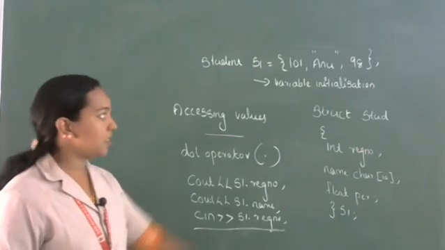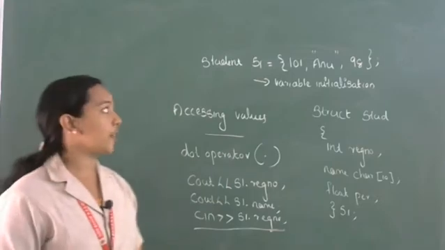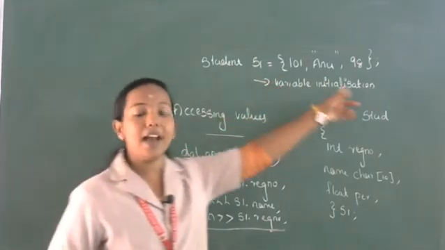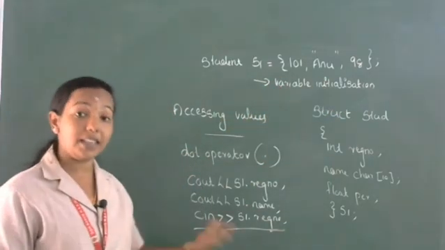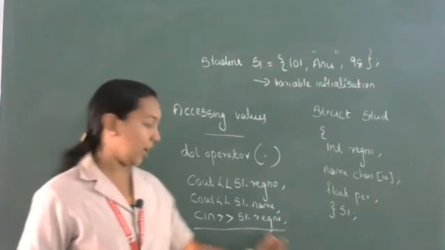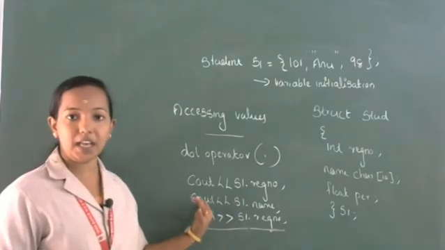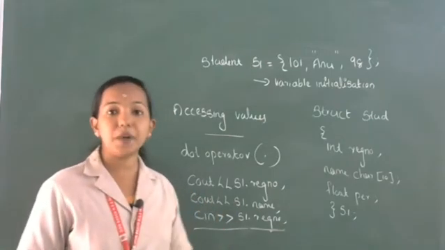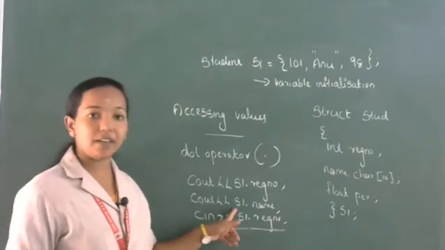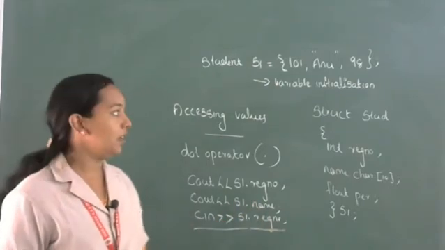Clear? This is how we are initializing a structure variable. We can use the direct initialization method, otherwise an indirect initialization method like the cin statement: Cin S1 dot register number. After that we can use cout. For all these purposes, you use the structure variable along with the dot operator and then the variable name.